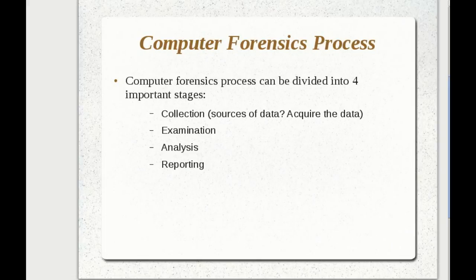For example, electronic and digital devices such as the hard drive, the USB or flash drive, the CD, DVD, and even network information. There are many sources possible from where you can acquire the data. So first you need to identify the possible sources of data, and then you need to acquire the data.